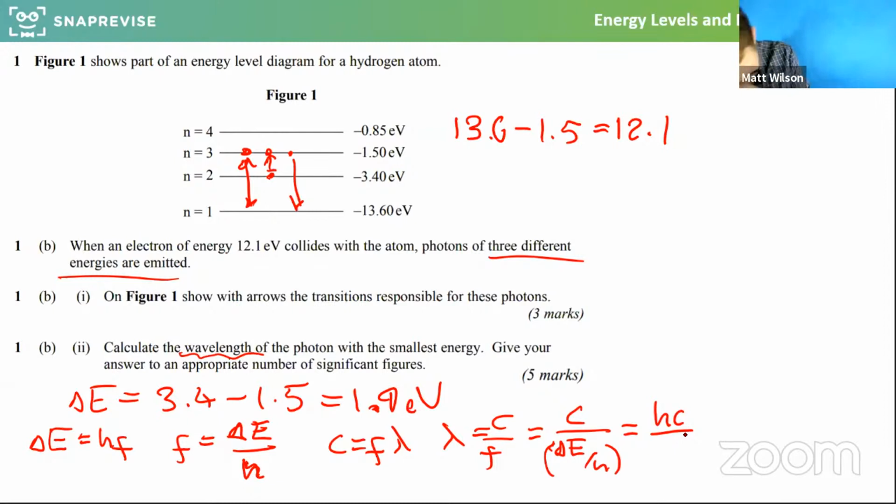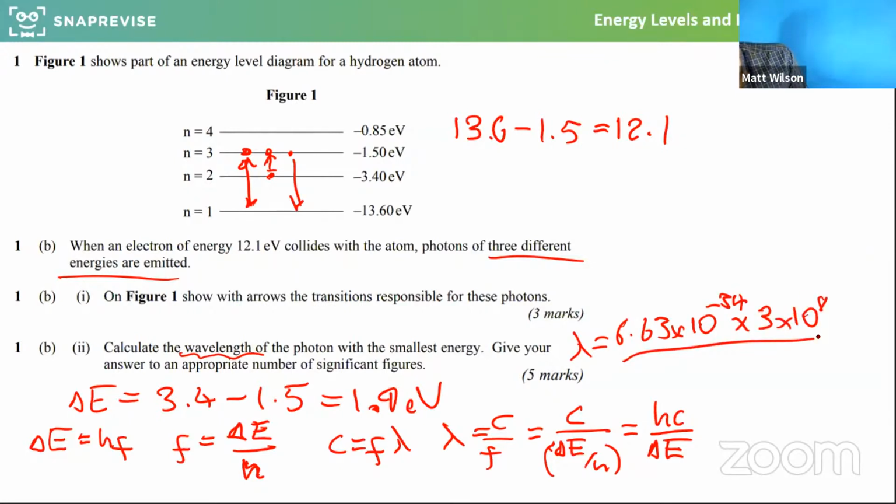Now we know the change in energy, it's 1.9 electron volts, but we need to put it in joules. So altogether, the wavelength will be equal to Planck's constant, which is 6.63 times 10 to the minus 34, multiplied by the speed of light, which is 3 times 10 to the 8, and then divided by the change in energy.